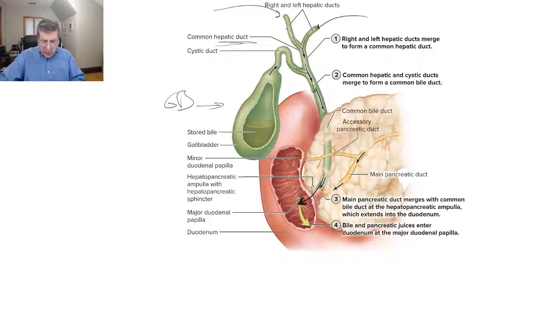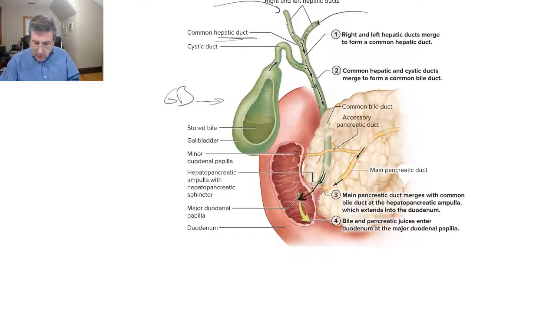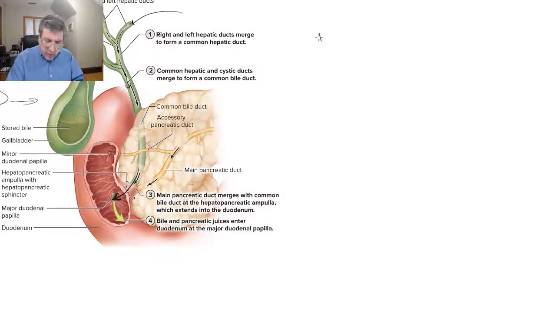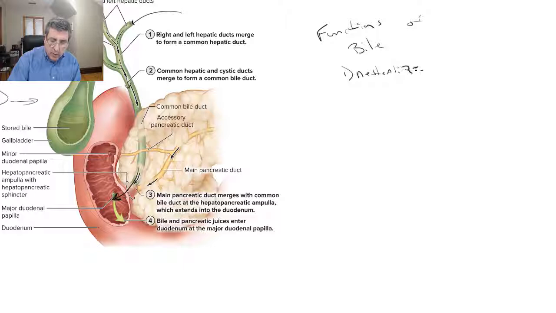Now, what are the functions of bile? So let's go down. Let me go over here. Functions of bile. Okay, so bile is going to, one, neutralize the acidic chyme.